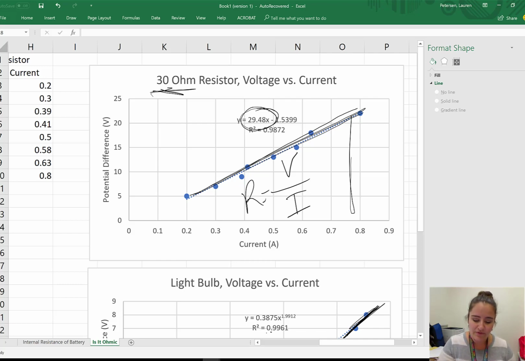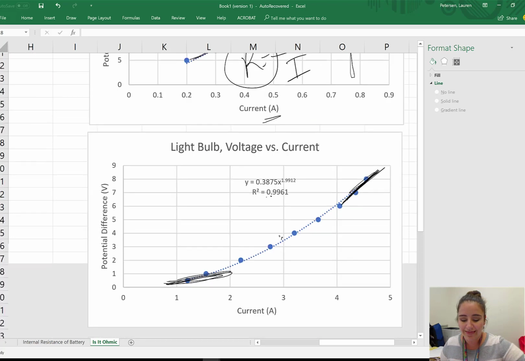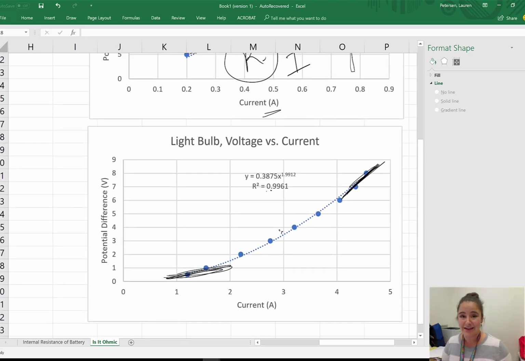And that slope of it is the voltage divided by the current. That is the resistance. And you'll notice that it is constant. Whereas a light bulb is a classic example of a non-ohmic resistor. You'll notice that at these lower currents, it actually provides less voltage. It has a less steep slope, so it has a lower resistance.